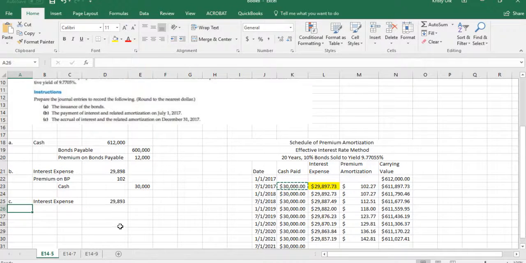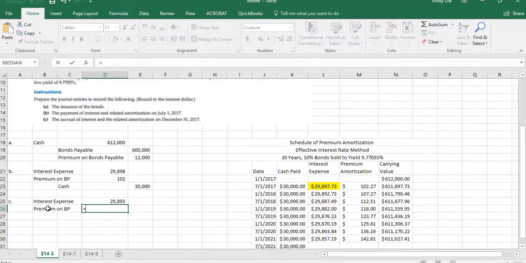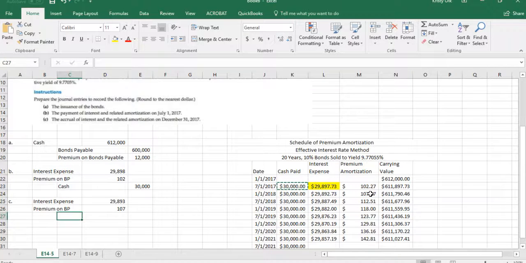So that's $28,892. We're continuing to whittle away at the premium on bonds payable. And now that amount is 107. But our cash never changes. This is defined in the bond agreement.